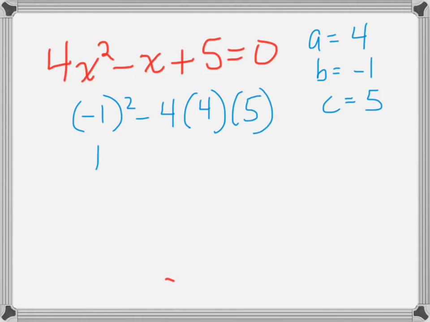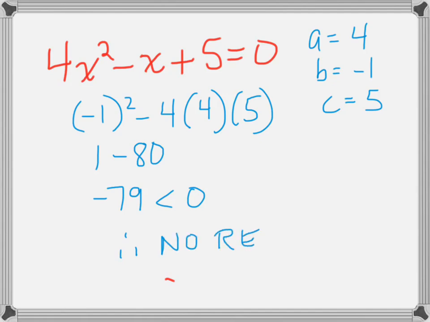This gives us the value of 1 minus 80, because 4 times 5 is 20, times 4 is 80, which gives us minus 79, which is less than 0, and so therefore there will be no real roots here. They will be imaginary.